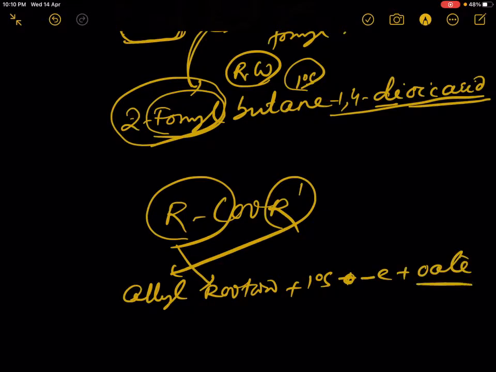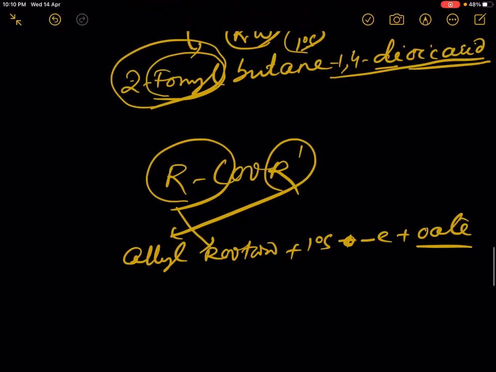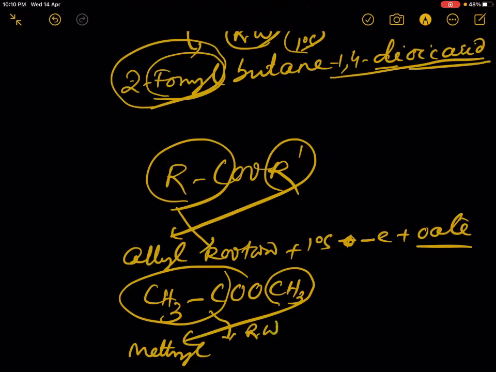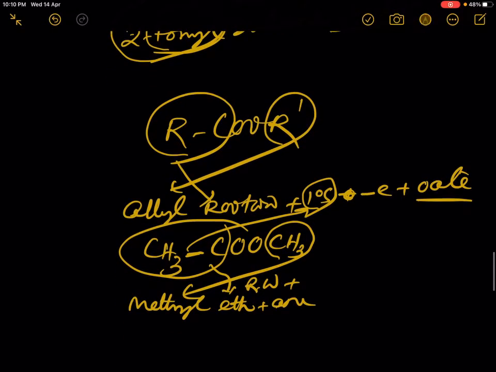If it is CH3COOCH3, then this group is methyl, then root word is eth, then primary suffix for carbon-carbon single bond ane, then minus e.